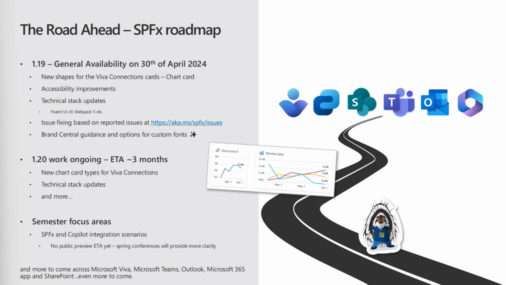We have a dependency on Microsoft internal people to update them as well, but hopefully we'll get that one done in 1.20. 1.20 is already ongoing, and I know that new chart types, for example, pie and donuts, which makes you always hungry, are coming within the 1.20, and then other updates as well for the SharePoint Online side as we get stuff ready to get shipped. But that's a quick recap from our side. Really, really big focus on the engineering is SPFx and Copilot integration scenarios. More on that a bit later.